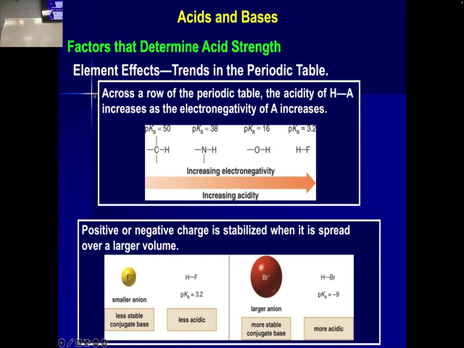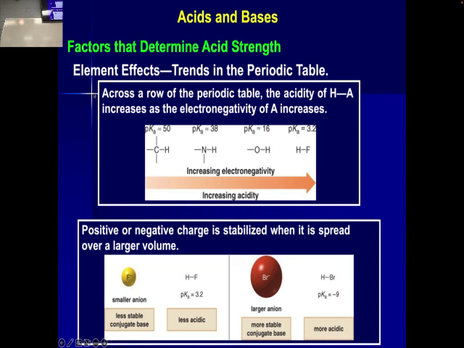Now, that's going across. But what happens as we go down the periodic table? Fluorine, chlorine, bromine, iodine. You get stronger acids yet again. But guess what? Fluorine is more electronegative than bromine. So why is it?